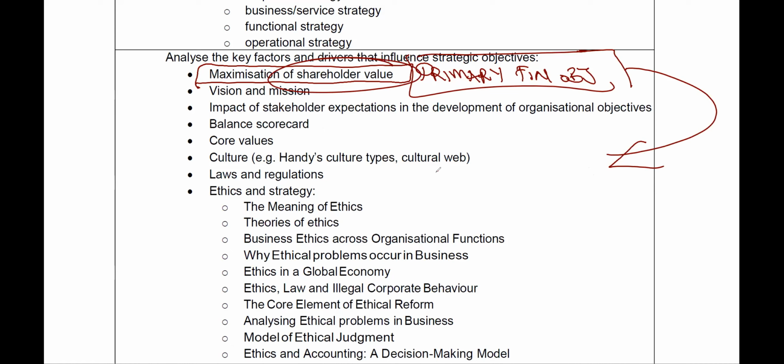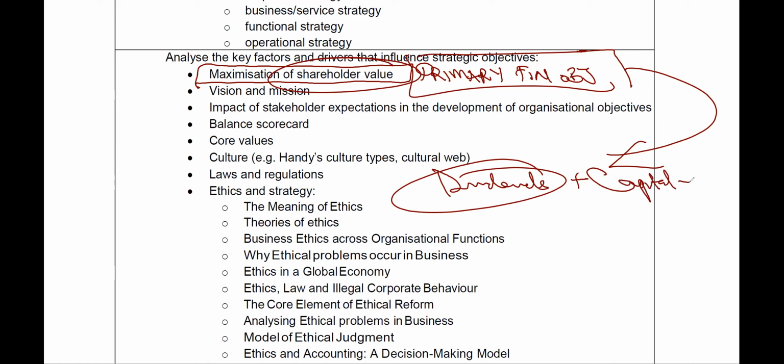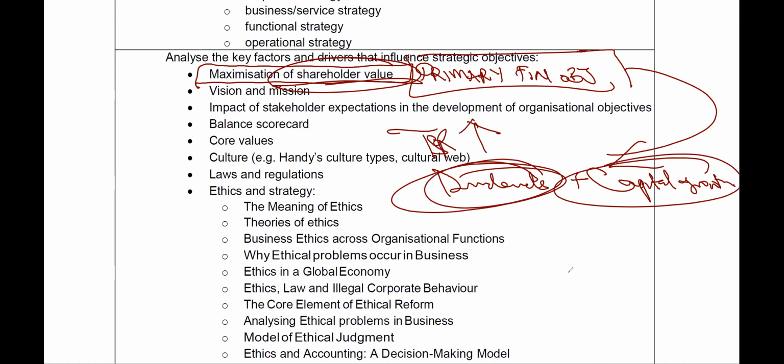Either you give them dividends or you give them growth in their share price or the market value of the company, which we call capital growth or capital gains. So when you maximize shareholder value, then total shareholder return is supposed to increase, and that's the sum of your dividend yield plus your capital growth. So that is maximization of shareholder value.